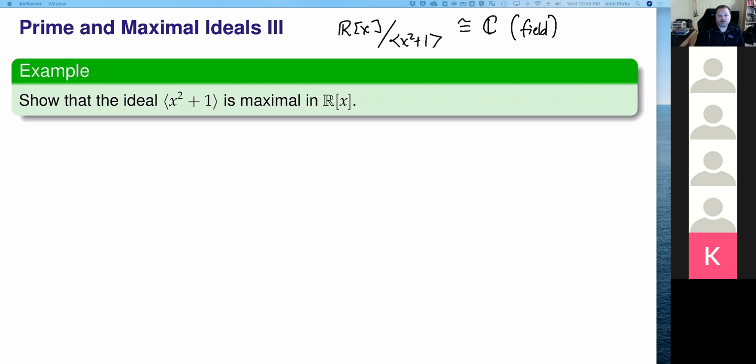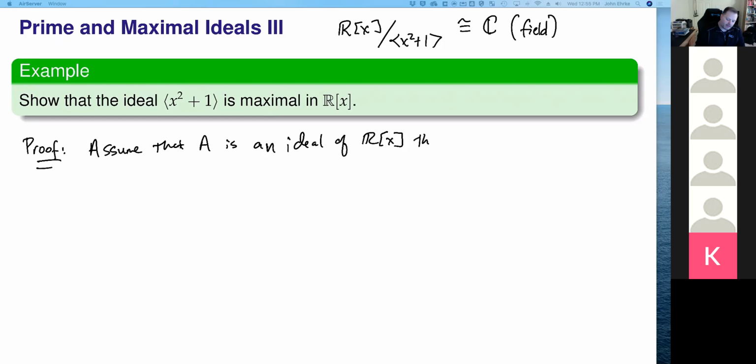And so what we're going to do here is assume, and this is how you should always do a proof of a maximal ideal, that A is an ideal of the ring R of X, the ring of polynomials over the reals, that contains the principal ideal generated by x squared plus 1.